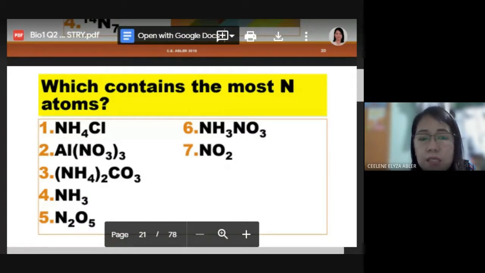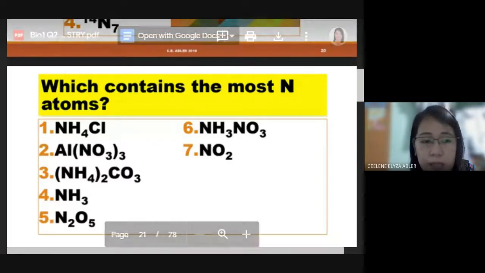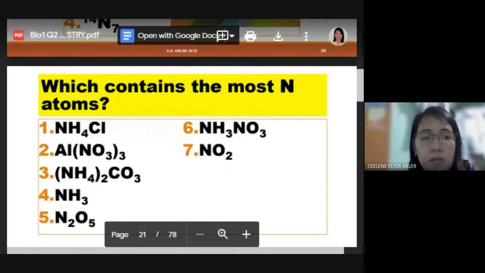For number 3, we have nitrogen here, and we have 2 outside. So that is multiplied by 1 here. So we have 2. Nitrogen has 2 atoms here. Here we have only one because nothing is written. When nothing is written, that's only 1. Then you have 2 here.